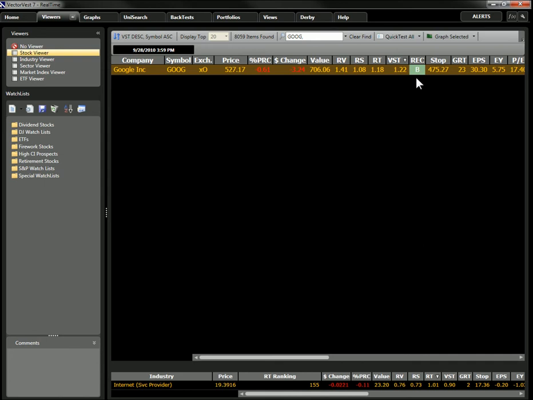We stated at the very beginning that VectorVest believes every investor should know what their stocks are really worth, how safe they are, and when to buy, sell, and hold. So think about what we just did here. In about 30 seconds, you're able to analyze any stock. For example, with Google, you're able to see that Google is very undervalued.